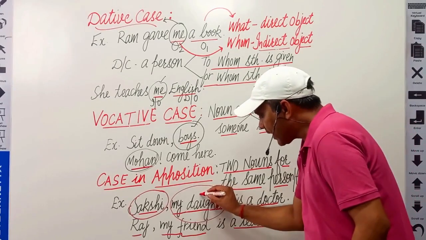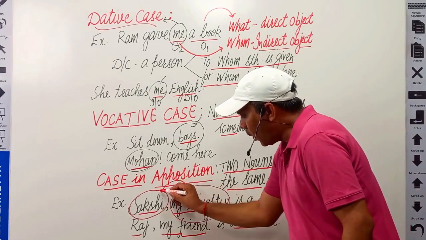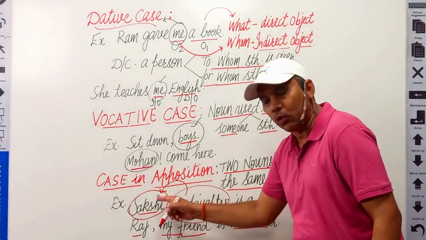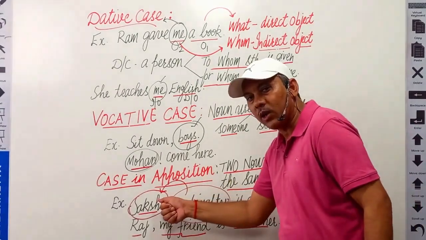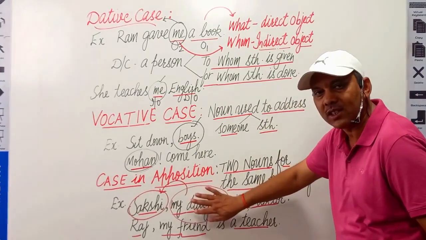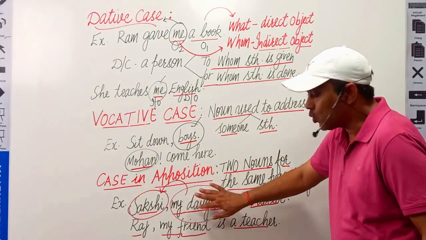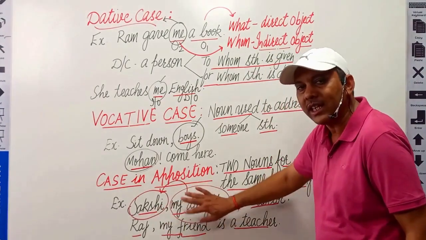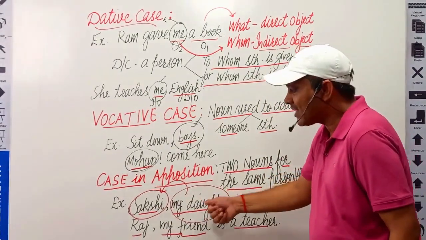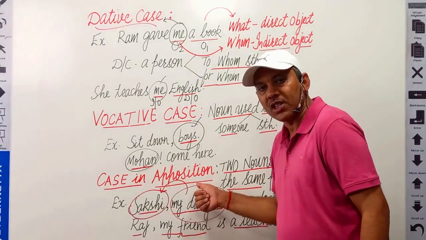So, this my daughter adds something more to Sakshi, to this proper noun. To tell something more about this proper noun, we have used my daughter as another noun to qualify this proper noun. So, my daughter here is used as the case in apposition.